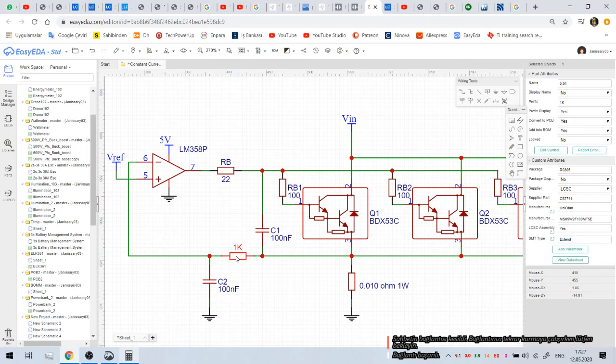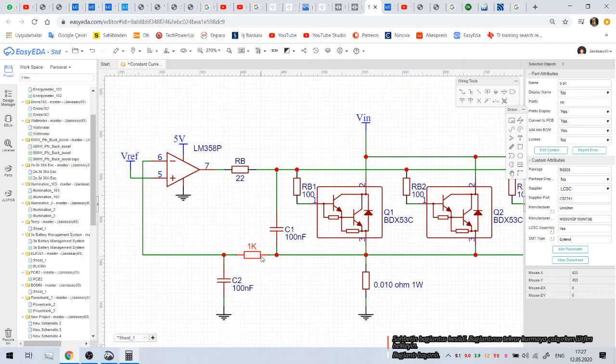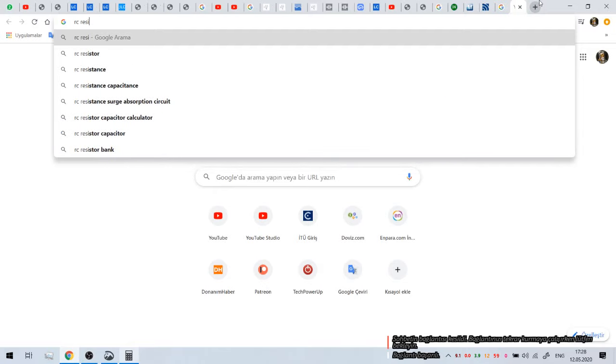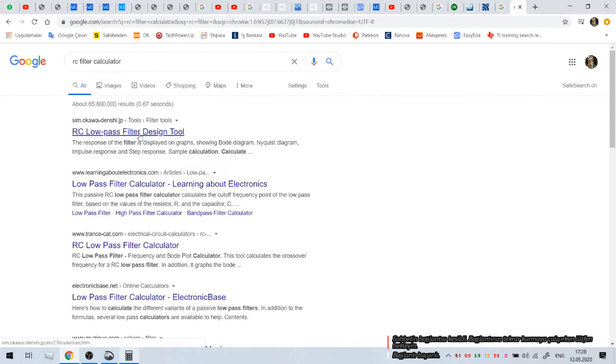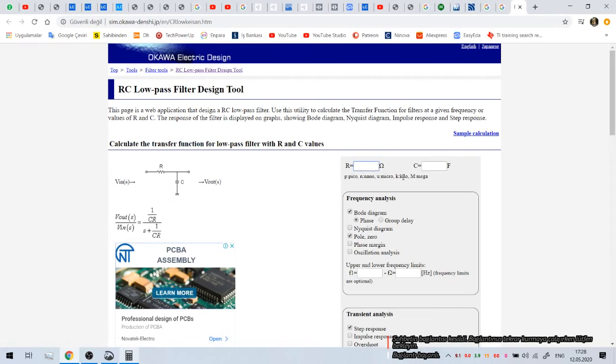so we can increase this resistor to maybe 100k. But I want to show you how you can calculate it. Also, an RC filter calculator, I don't know, we can use it.